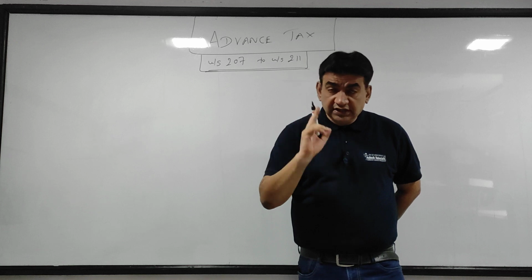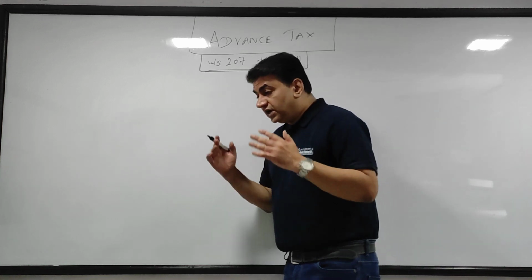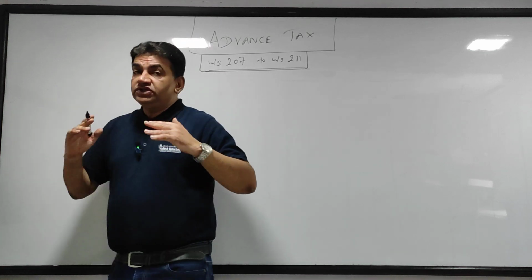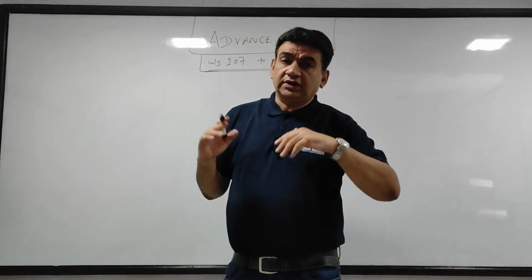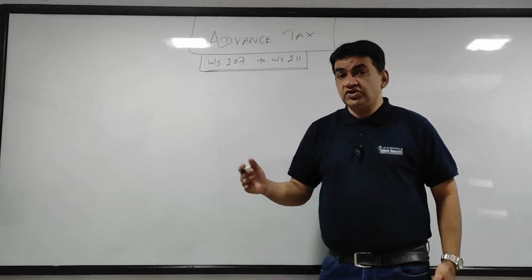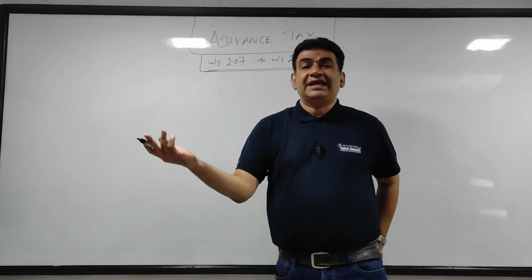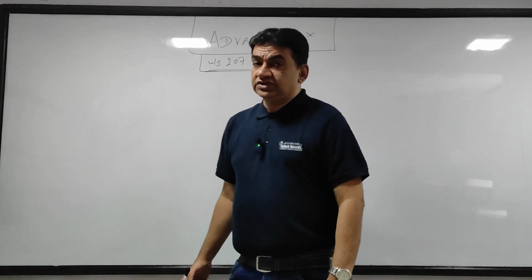Now, what the law says is, as and when the year is going on, you know what your income is, or you know that in case you are doing a business, there is going to be a loss. Even for capital gains, house property, other sources, there can be a loss.